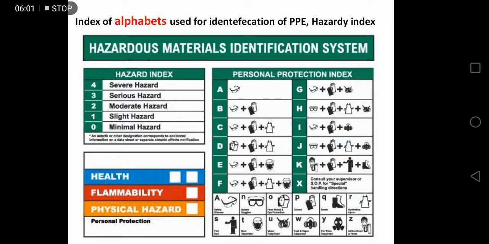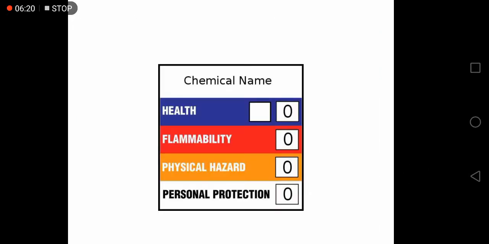Similarly, for the alphabets in the personal protection index, A is for safety goggles, B represents goggles and gloves, and so on, as represented in the picture. Here is a sample of a chemical label.